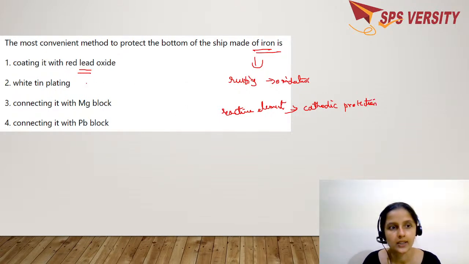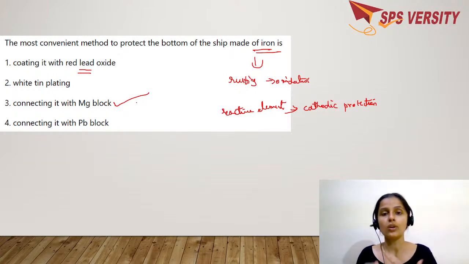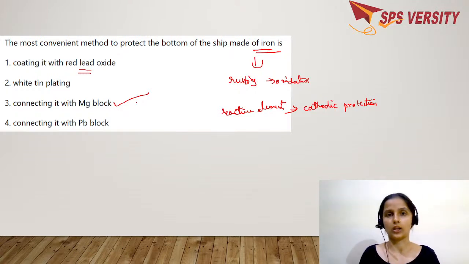Tin and lead are all less reactive than iron, so if you coat or connect iron with any of these elements, you can't stop rusting. Magnesium, on the other hand, is more reactive. If it is more reactive, it undergoes oxidation in preference to iron. That's why cathodic protection can be done.